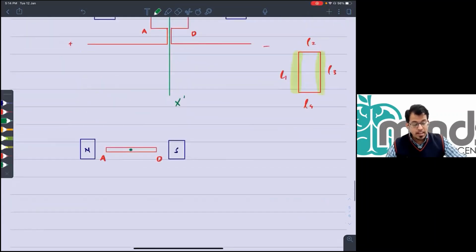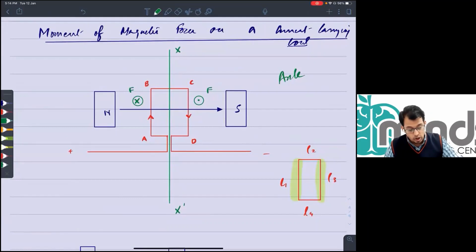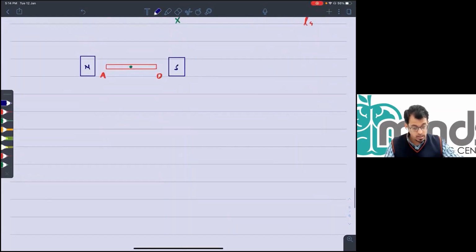Okay. If I say length of the coil is L, so this side is actually L, and width of the coil is B. So A to B is L, C to D is L, B to C is small b, A to D is small b. Length into breadth, simple symbols I'm using.